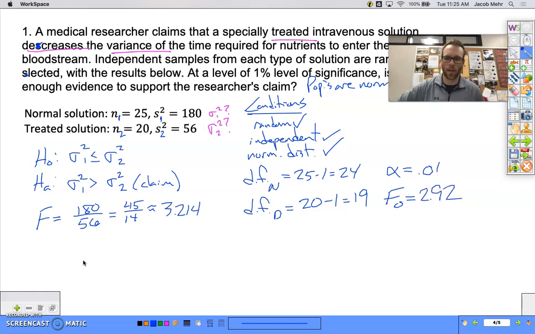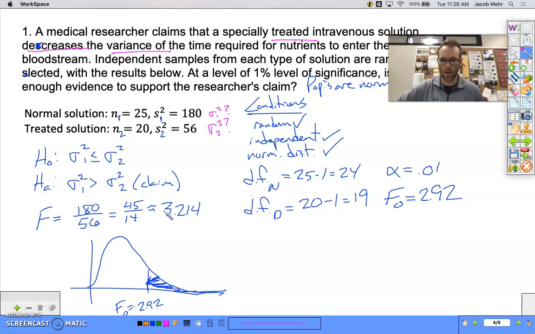So if we were to draw this distribution, remember it's skewed to the right, it's all positive. So remember it's going to look kind of like this. Our rejection region is set at 2.92 for our critical F-score. Our test statistic, F, is at 3.214, which is in the rejection region.